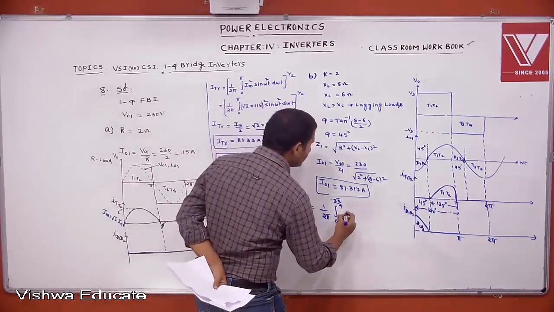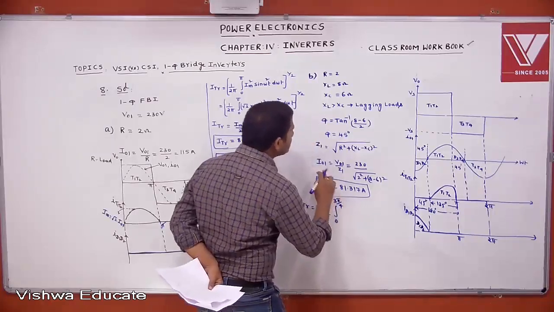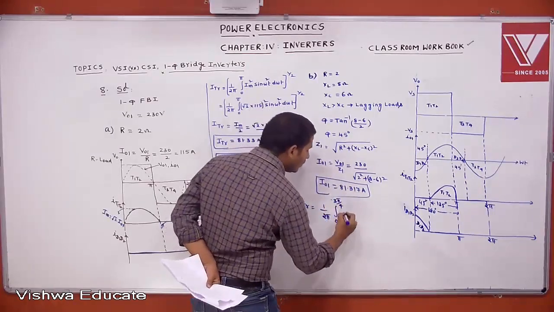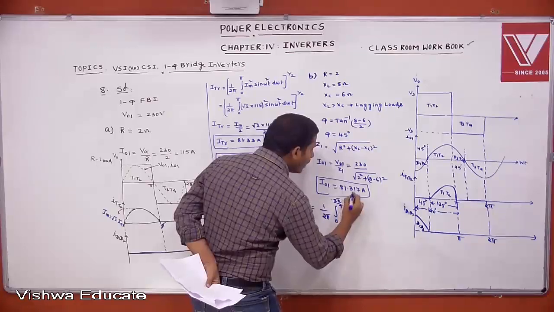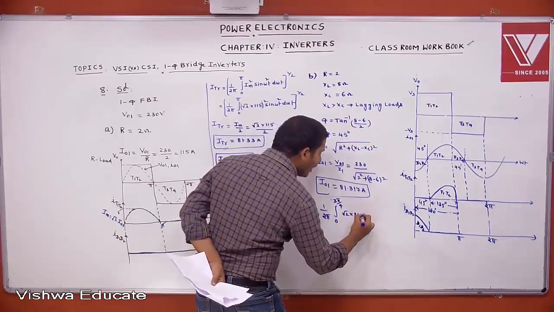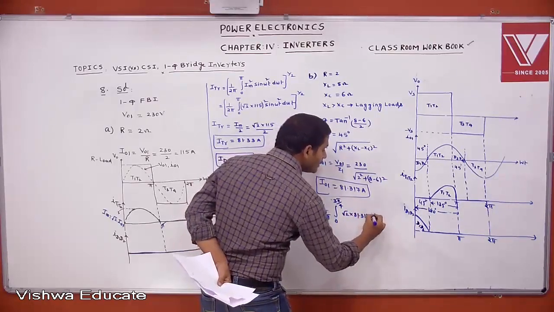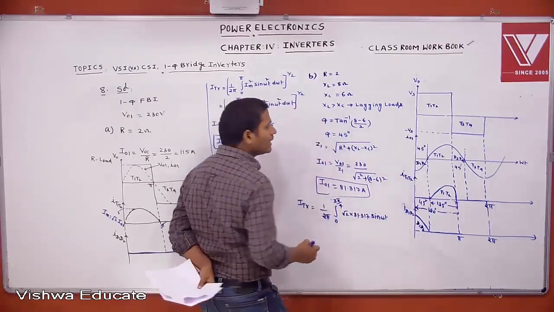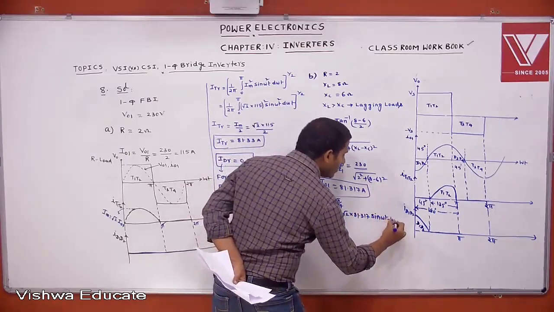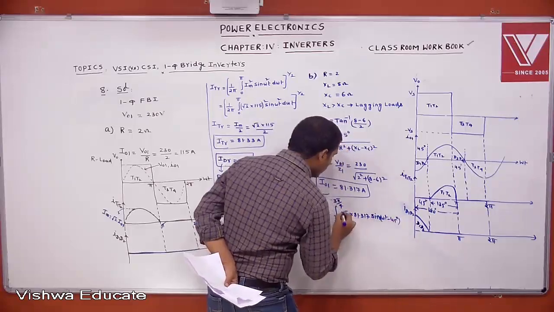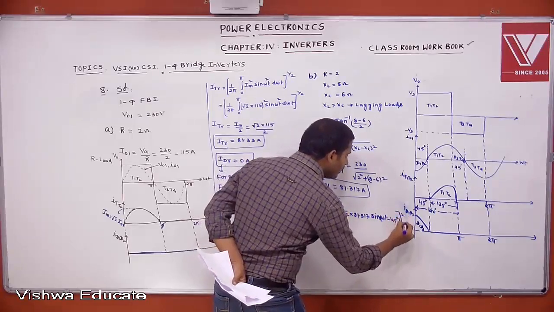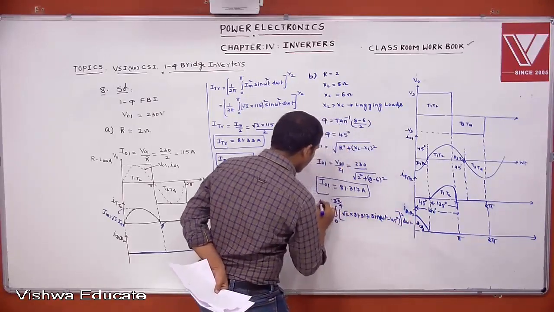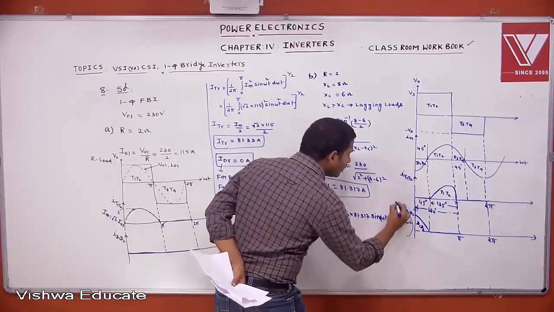Then Im. That Im is written as root 2 I01. That is root 2 into I01, 81.317 sine omega t. How much angle? This is omega t minus 45 degrees whole square d omega t, whole to the power of 1 by 2.